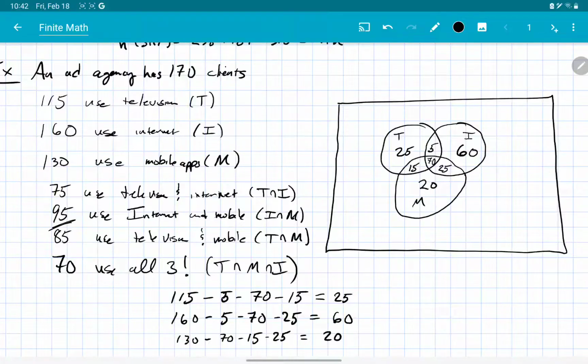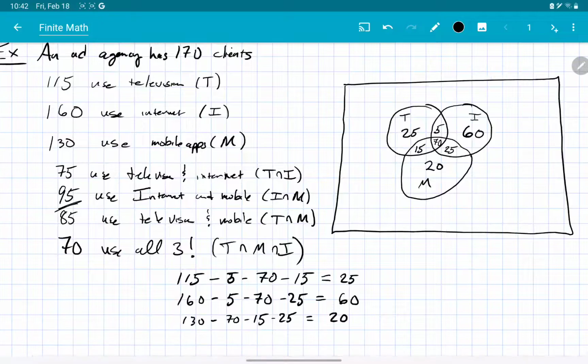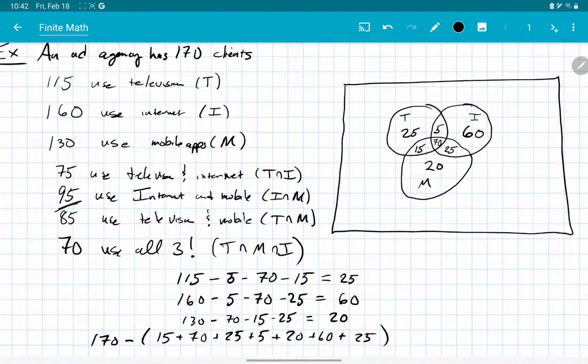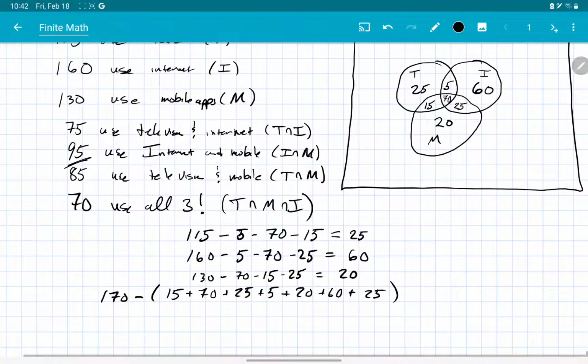Well, we take the total of the 170 clients and we subtract all of the different numbers in all the other regions. So we've got to add 15, 70, 25, 5, 20, 60, and 25, and we subtract that from 170. Let's see, can I do this?